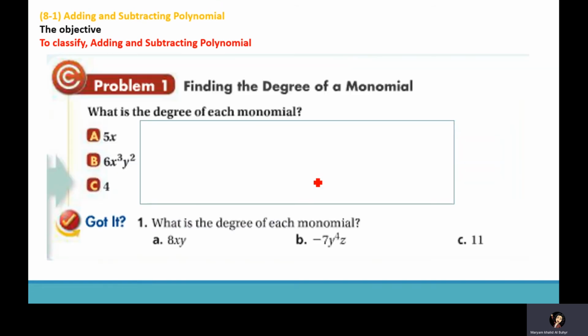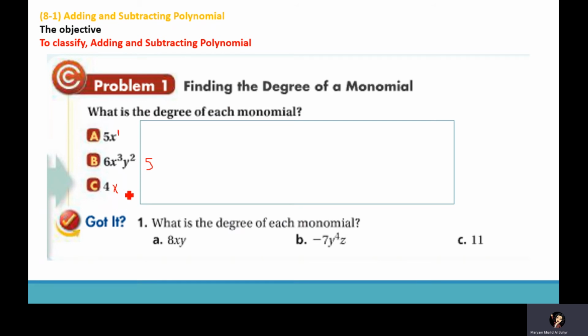Let me give you more exercises about the degree of a monomial. Here, the power of the variable is 1, so the degree is 1. What about this one? 3 plus 2, so the degree here is 5. What is the degree here? It's 0 because I don't have a variable.